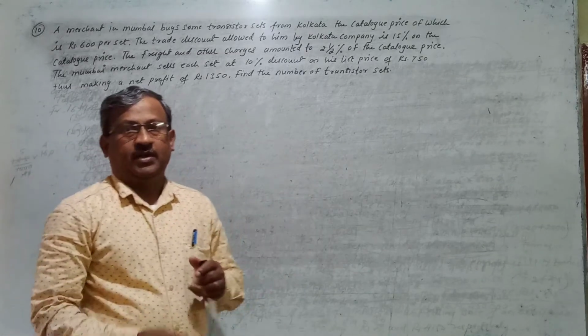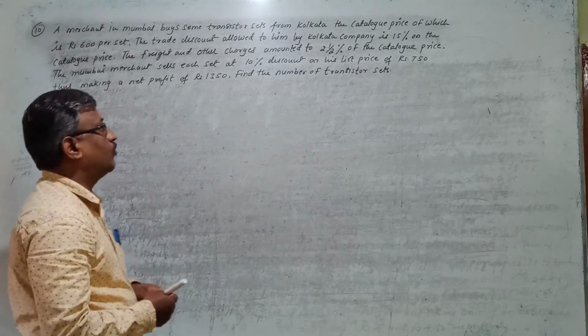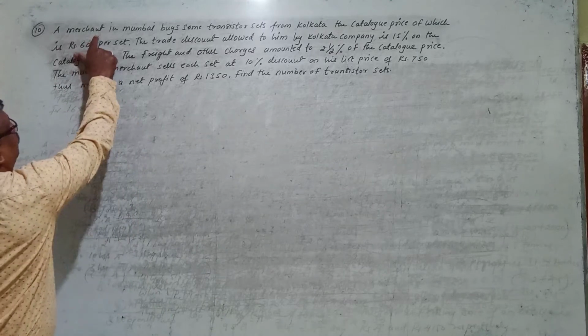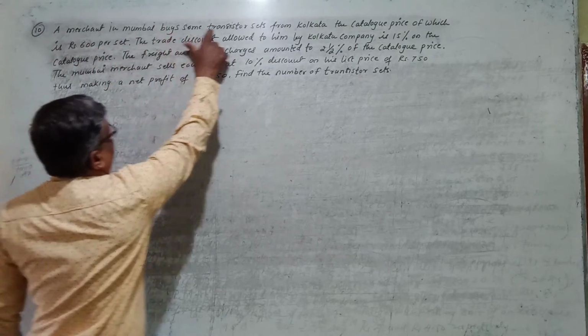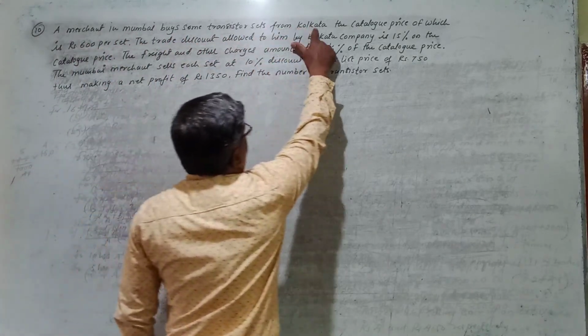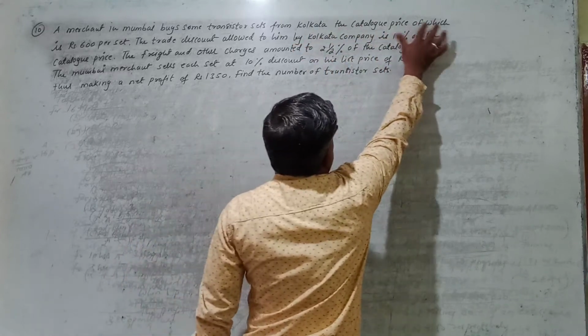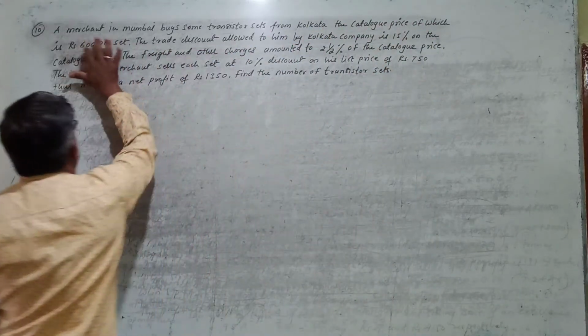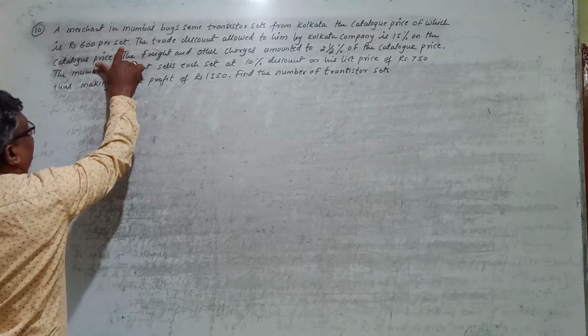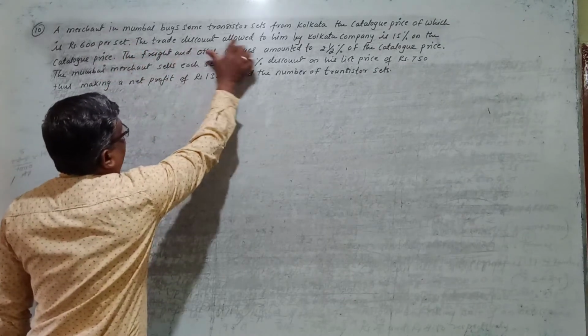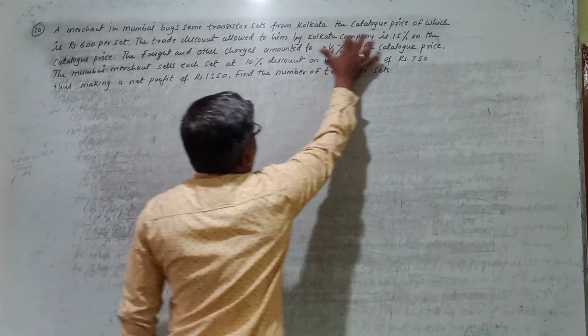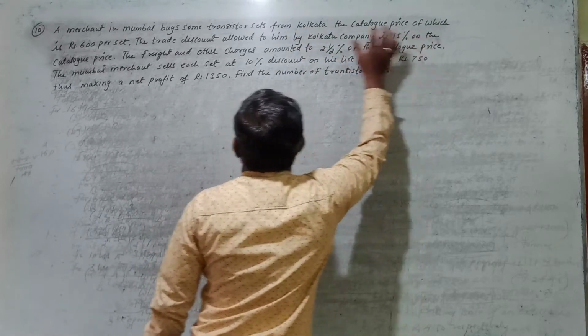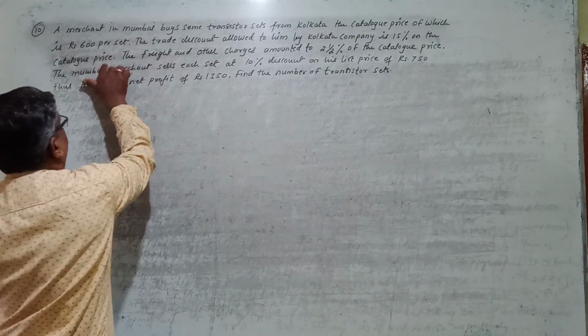So here I have taken the next problem on discount. The problem is a merchant in Mumbai buys some transistor sets from Kolkata, the catalog price of which is rupees 600 per set. The trade discount allowed to him by Kolkata company is 15% on the catalog price.